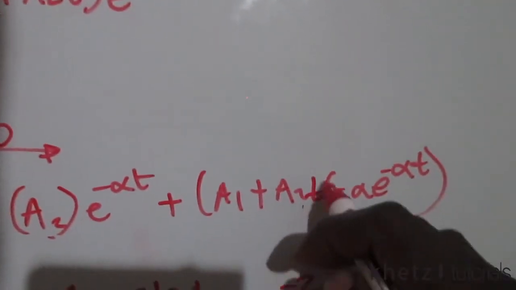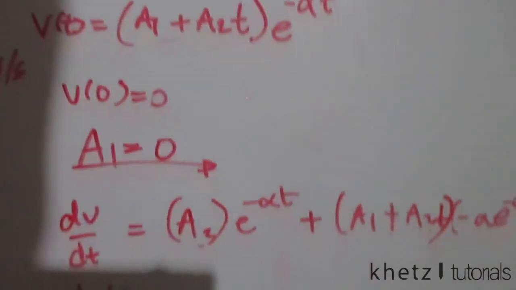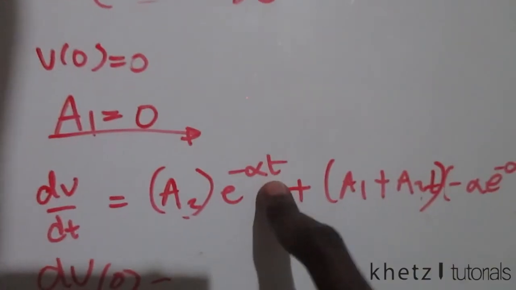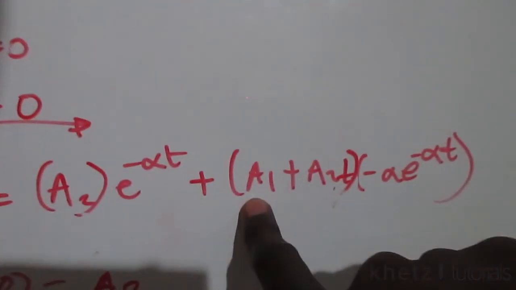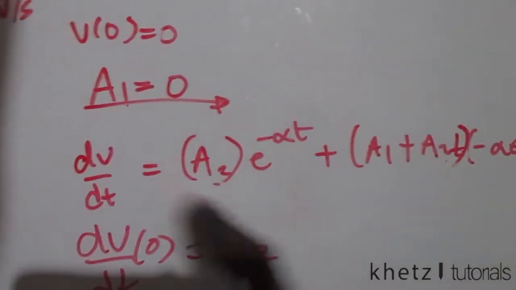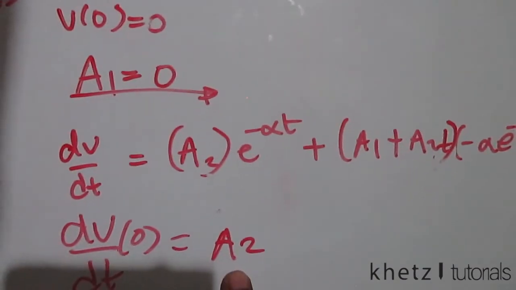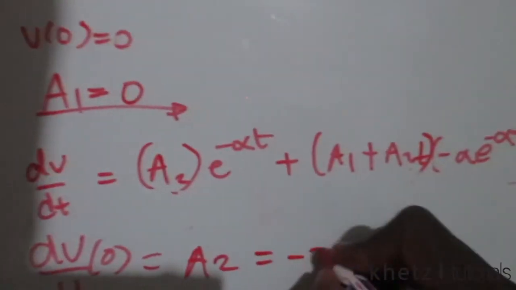So this is wrong. After substituting our 0 over here, we're going to have A2. Substituting 0 there, this is already 0 as we previously found. So all of this is 0 multiplied by that. We only have A2 equal to the value of dV over dt at time 0, which is negative 2.